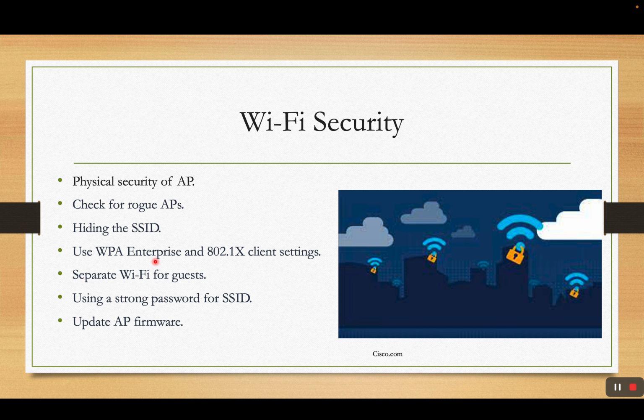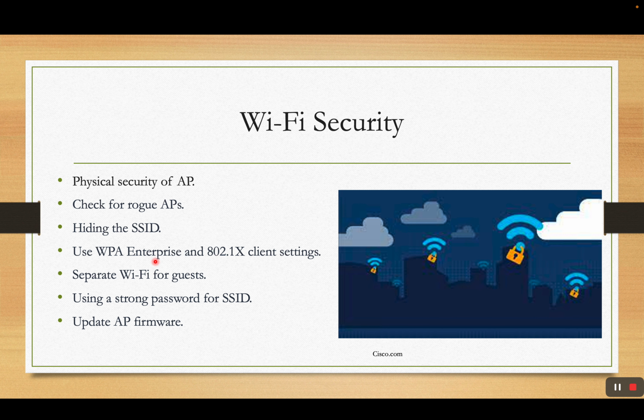Now, use WPA Enterprise and 802.1x client settings. WPA Enterprise is a very good security protocol used to secure Wi-Fi networks. It is an enhanced version of WPA, Wi-Fi Protected Access, that provides stronger security by using 802.1x authentication, which requires each user to have a unique username and password.